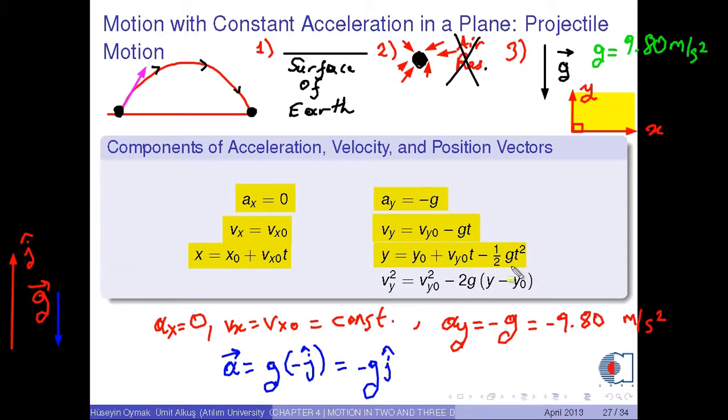Here, since there is change in the vertical velocity, we have Vy squared equals Vy0 squared minus 2g times (y minus y0).